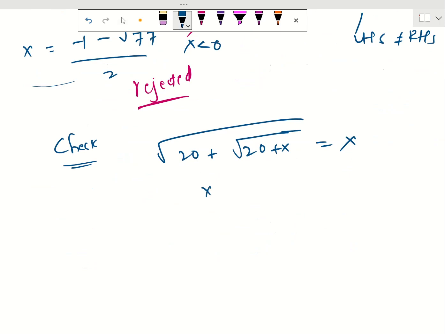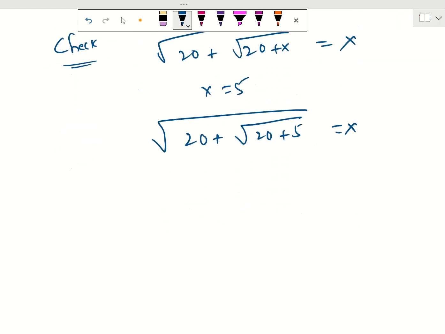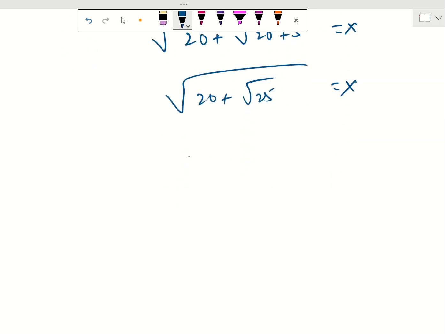If we put x is equal to 5, then it will be square root of 20 plus square root of 20 plus 5 is equal to x. Then it will be square root of 20 plus square root of 25. We know the square root of 25 is 5.